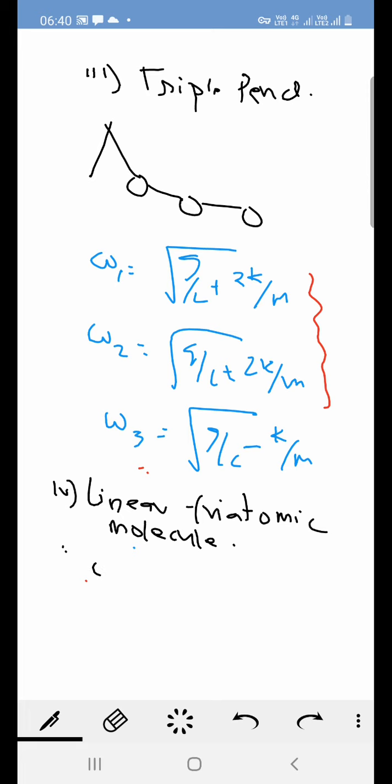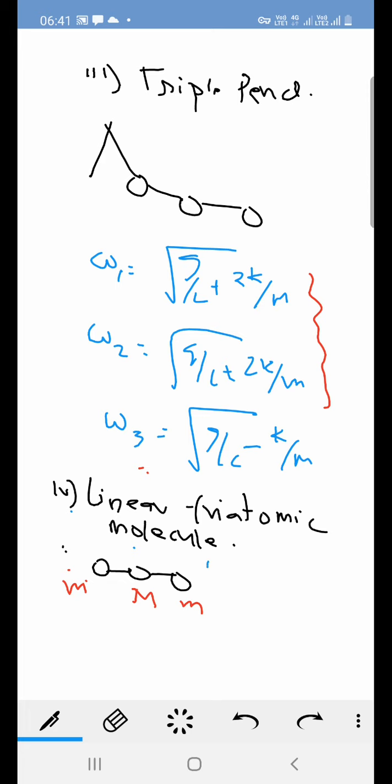Let's say there are 3 atoms attached linearly, and the middle one has mass capital M, and the masses at the 2 ends are small m. So in this case, there will be only 3 frequencies.